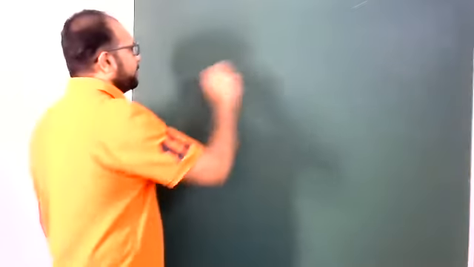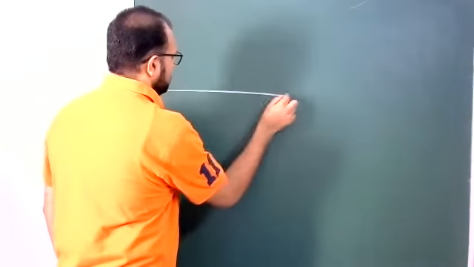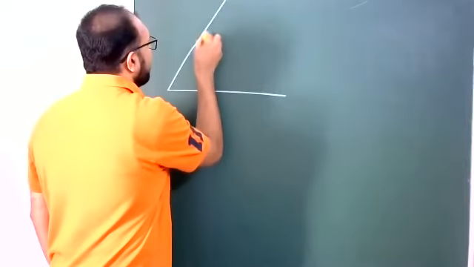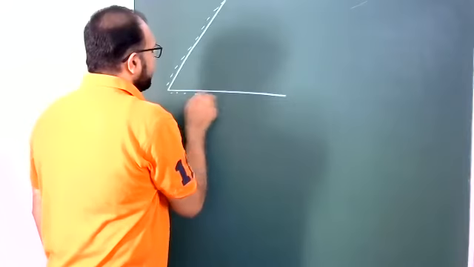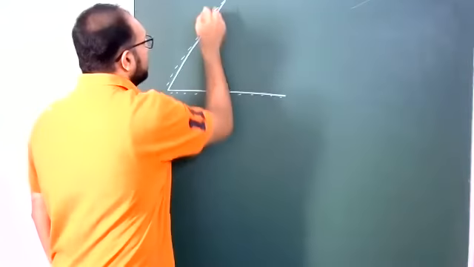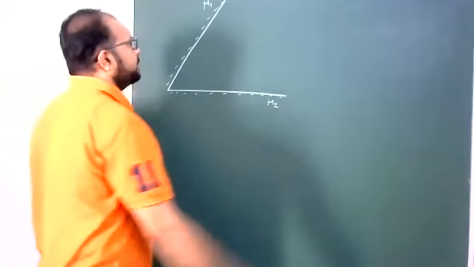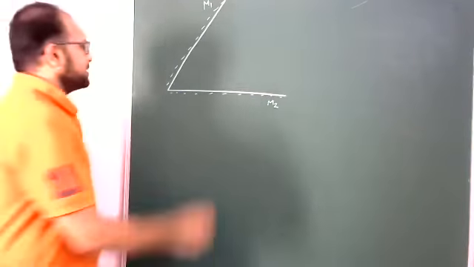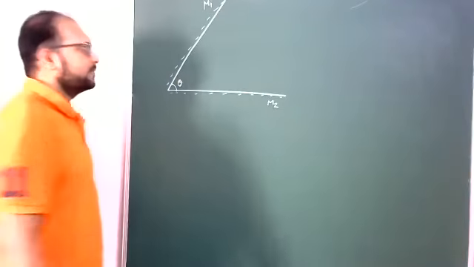Let's see now. This is mirror M1, this is mirror M2. These two mirrors are inclined at an angle theta.